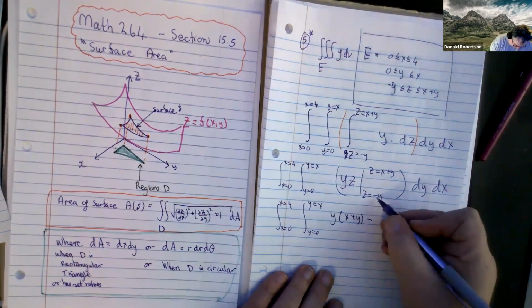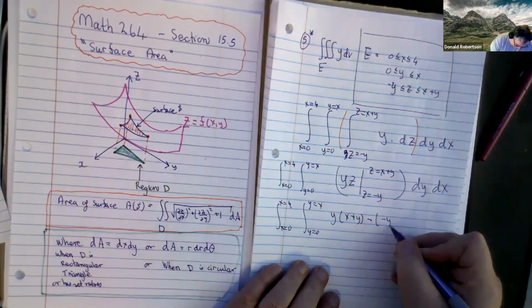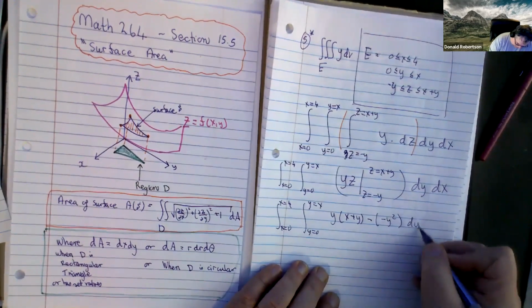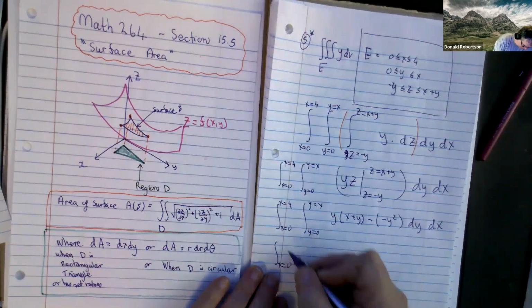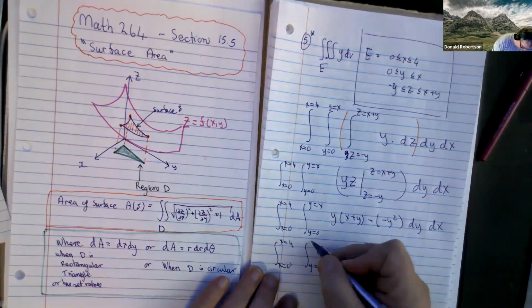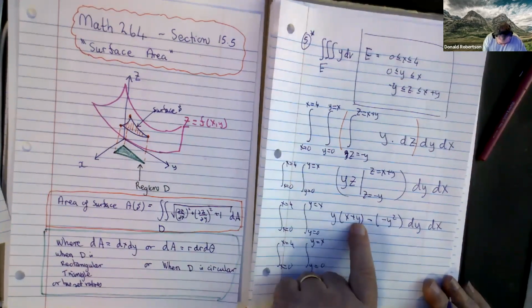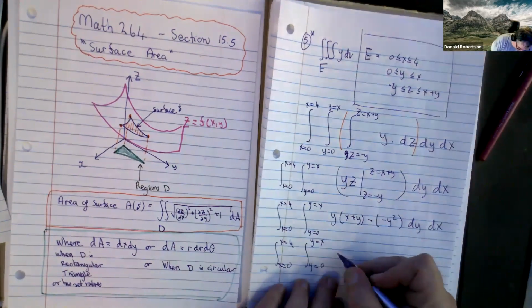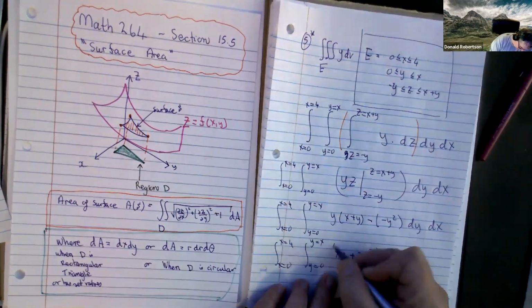Take away y times negative y, which is negative y squared, dy dx. Let's see what we get now. x equals 0 to x equals 4, y equals 0 to y equals x. xy plus y squared plus another y squared. So that's basically going to be xy plus 2y squared.